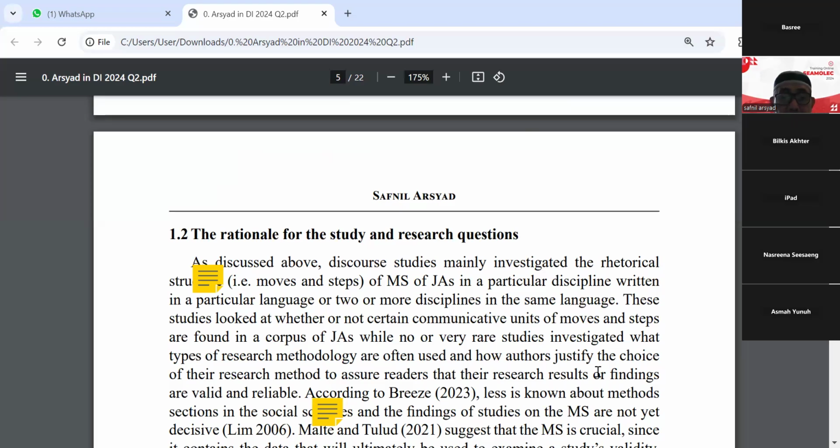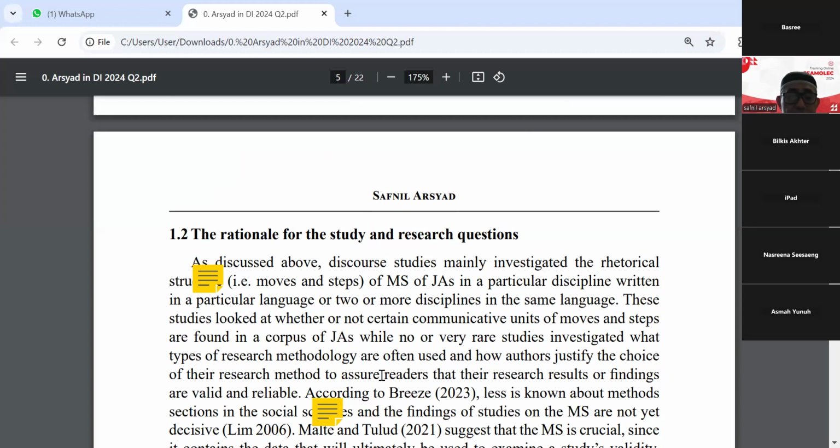So this is the research gap. No study or very rare study investigated what types of research methodology are used in the studies and how the authors justify, support, and argue for the choice.